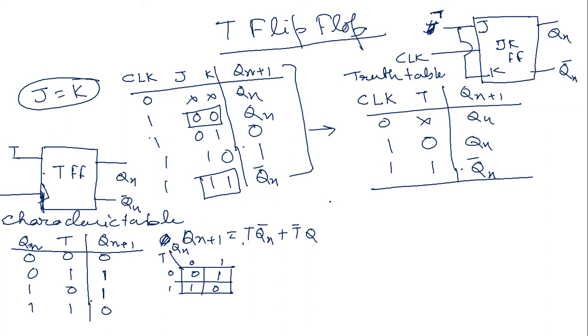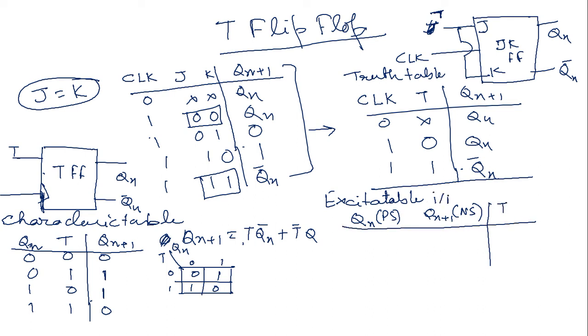And again the excitation table is left. The excitation table of the T flip-flop has Qn as the present state, Qn plus 1 as the next state, and T. Here Qn and Qn plus 1 are the outputs and T is the input.